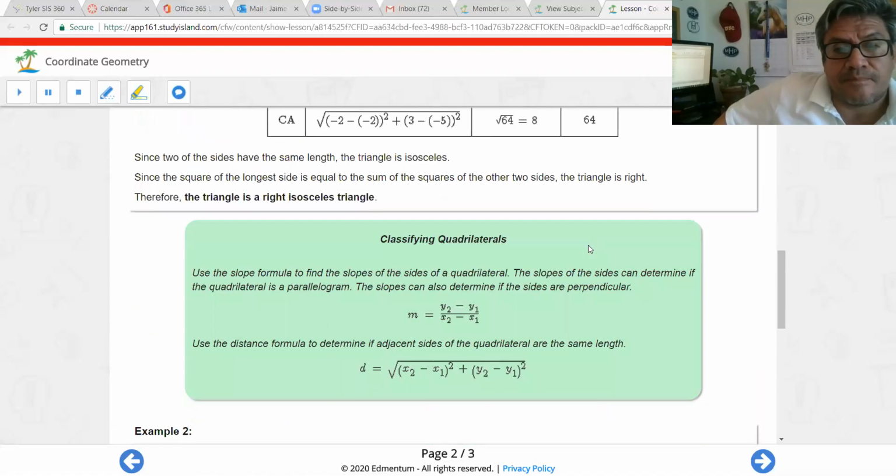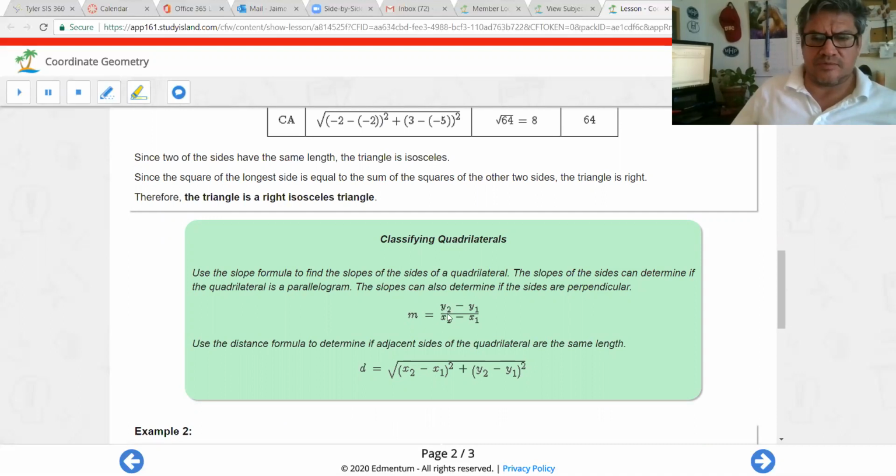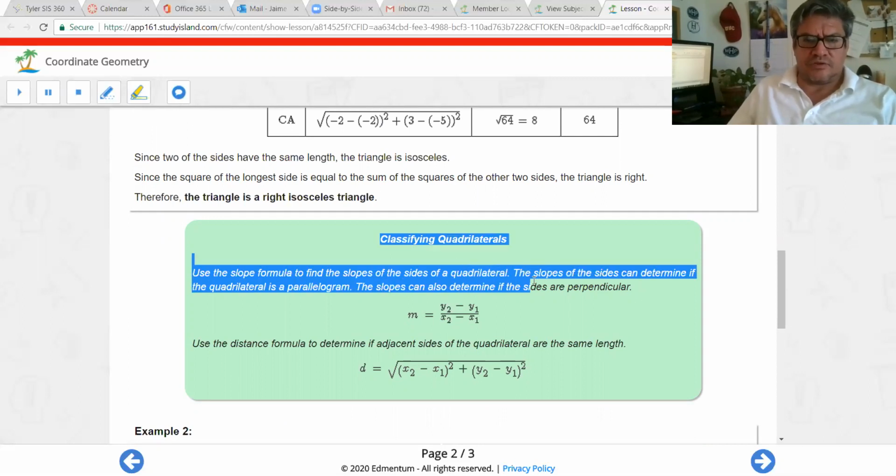The x2, y2 and x1, y1 are points that we also use for the slope, as you look at the slope formula down here below. For classifying quadrilaterals, use the slope formula to find the slopes of the sides of a quadrilateral.